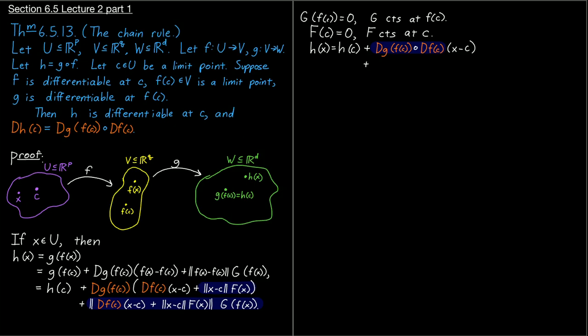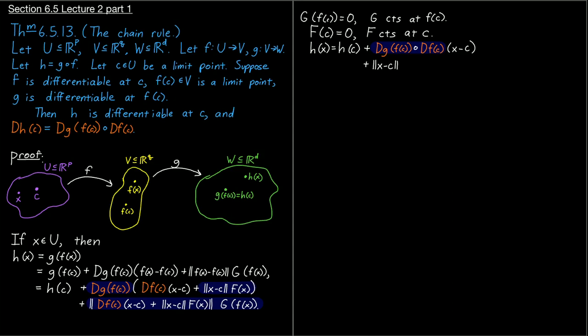We're going to pull a norm of x minus c out. Remember, dg of f of c is a linear operator, so we can break it up over the plus sign. And we can pull the constant norm of x minus c out. It's a function, but it's also a scalar valued function.